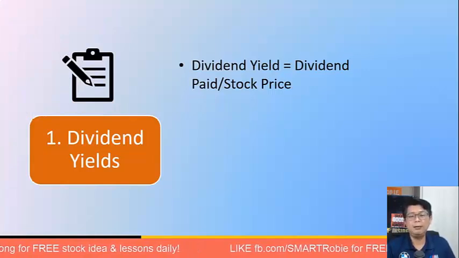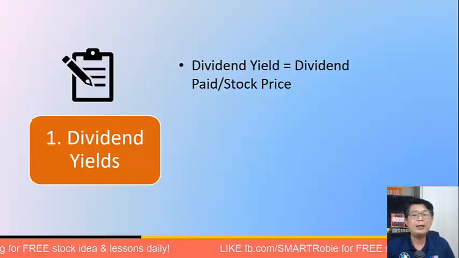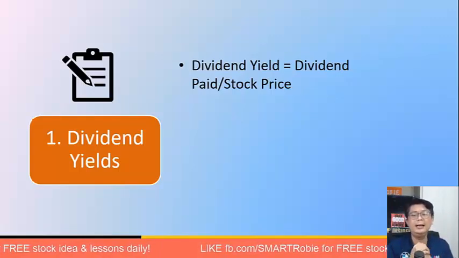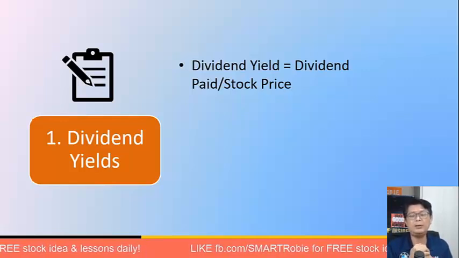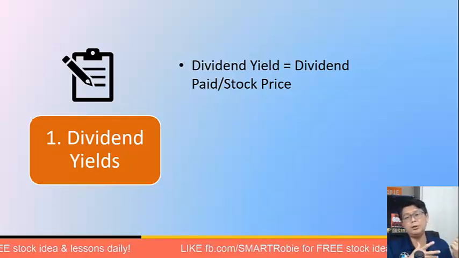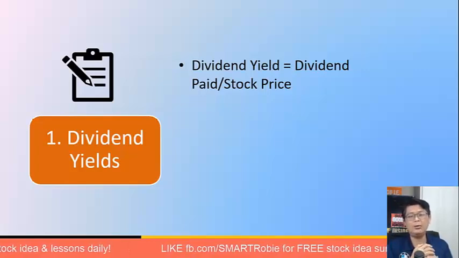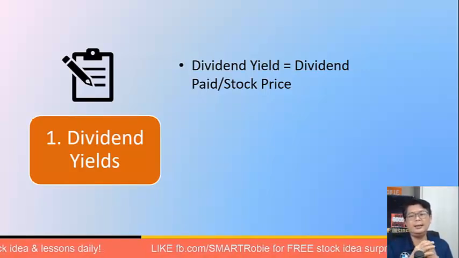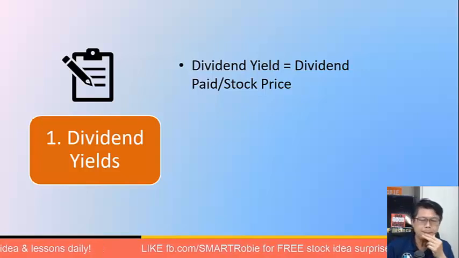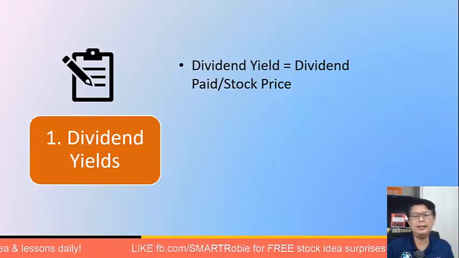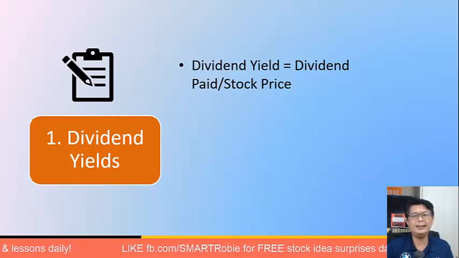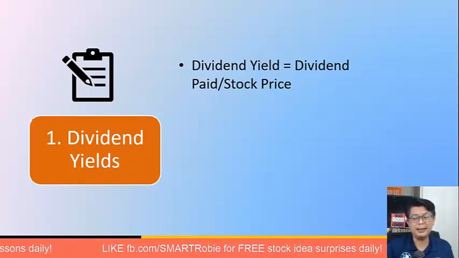The formula for dividend yield is dividend paid divided by stock price. This is the amount that you usually get. Some of it is deposited into your bank account, but generally most of it goes into your trading account, your online account. The securities firm usually sends you a letter saying how much goes in, but usually the amount is a certain percentage.